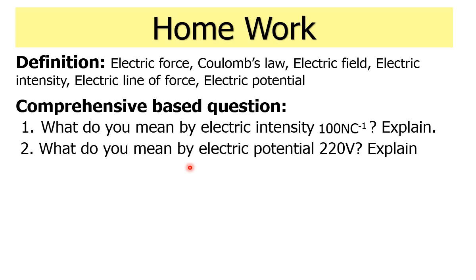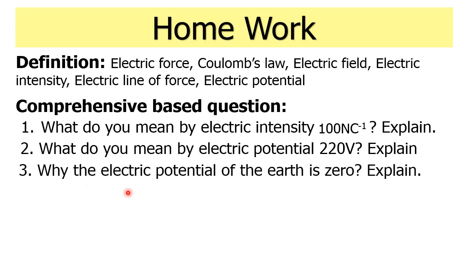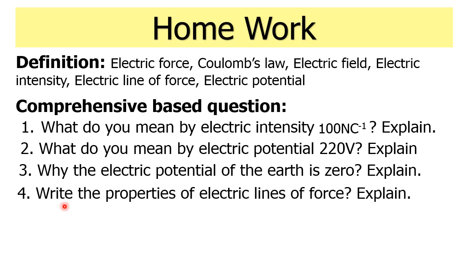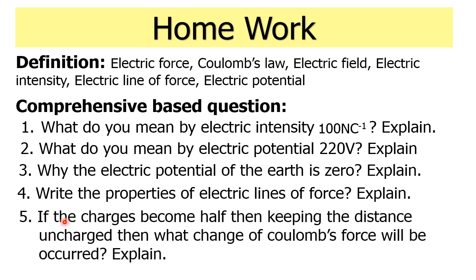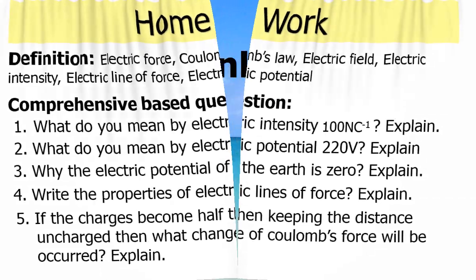Second question is, what do you mean by electric potential 220 volt? Third question is, why is the electric potential of the earth 0? Fourth question is, write the properties of electric lines of force. And finally, fifth question is, if the charge becomes half keeping the distance unchanged, then what change of Coulomb force will occur?